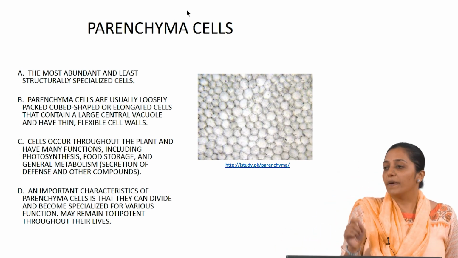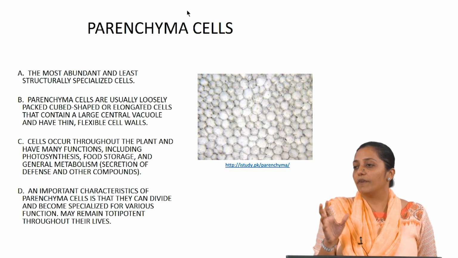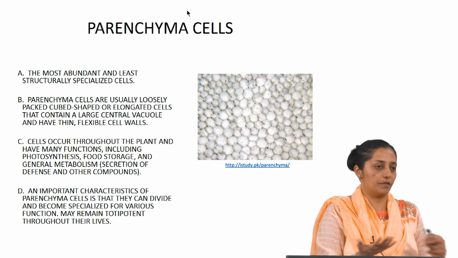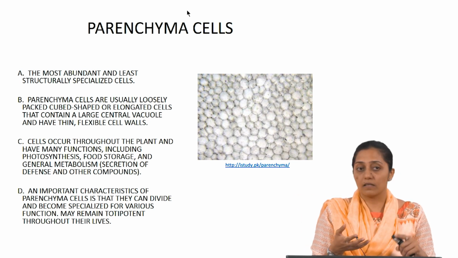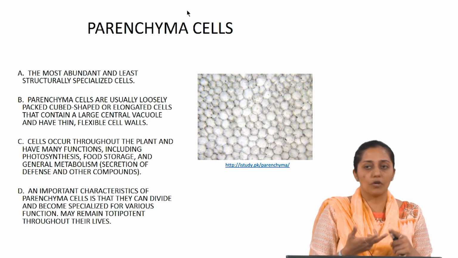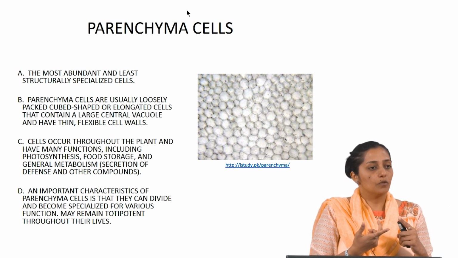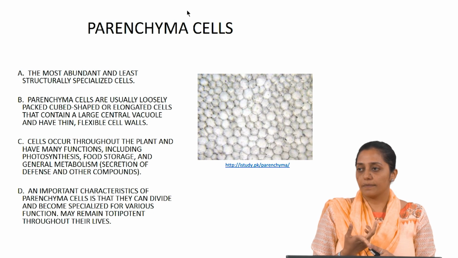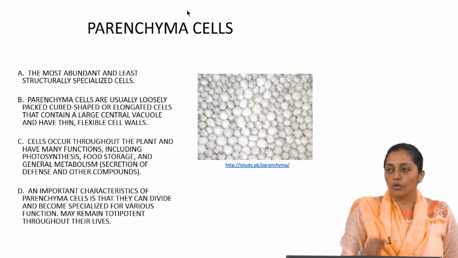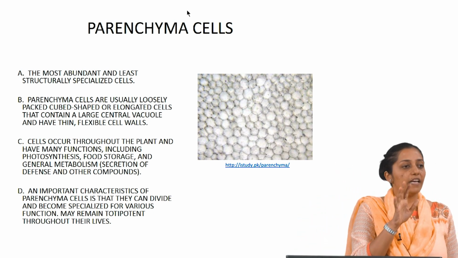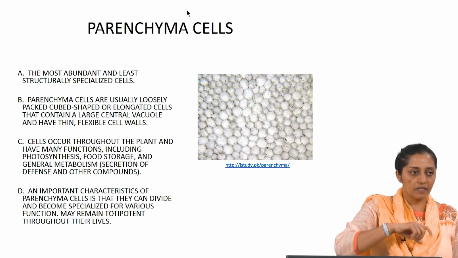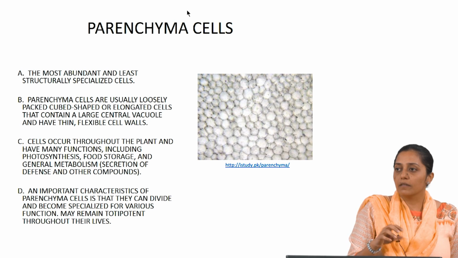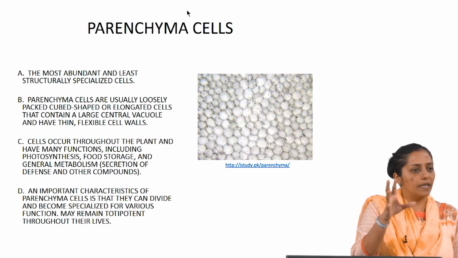So these are parenchyma cells. Generally, where will you find them? You will find them in all growing parts. In your photosynthetic cells, your spongy cells, then your mesophyll cells, which are there in the photosynthetic process in leaves. You will find these kinds of cells. They only have a primary cell wall, because as they are present in the young cells which are growing, the size will keep increasing.